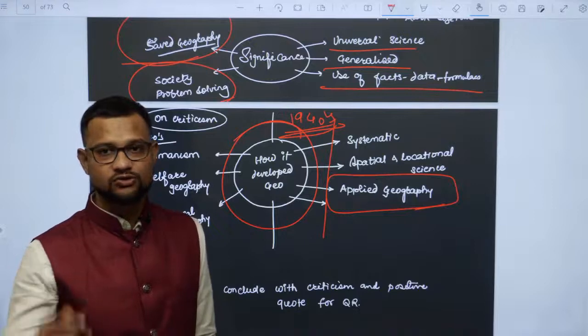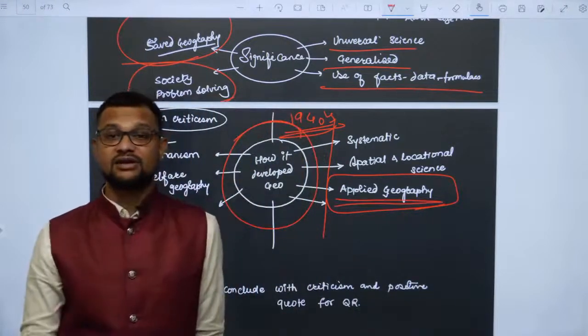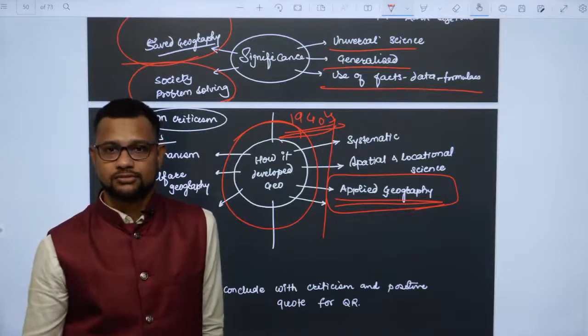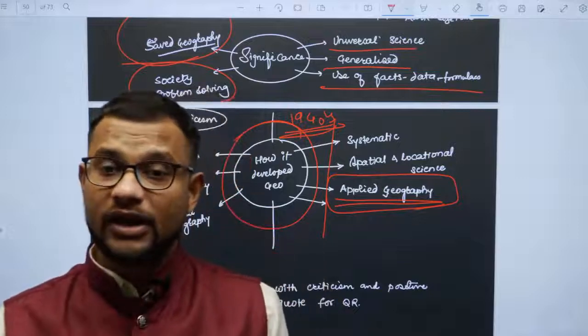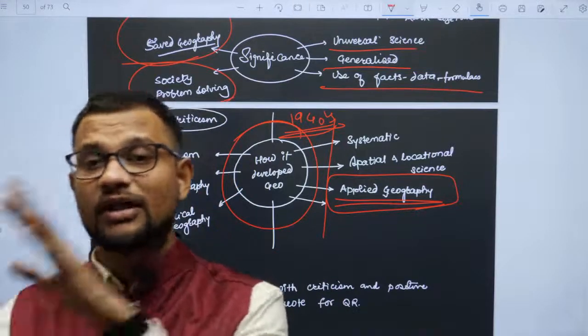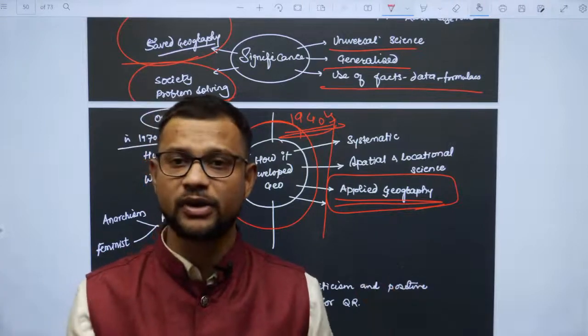Since the syllabus changed, you will see the applied part, and this applied part is the result of the quantitative revolution. Not only its positive side, but even its criticism led to the enrichment of geography, and that's really an achievement in itself.